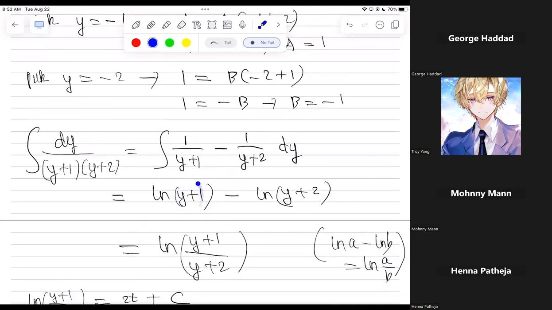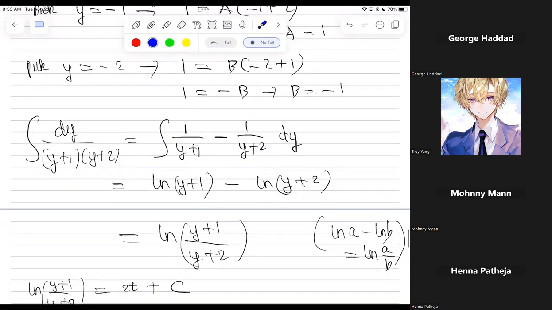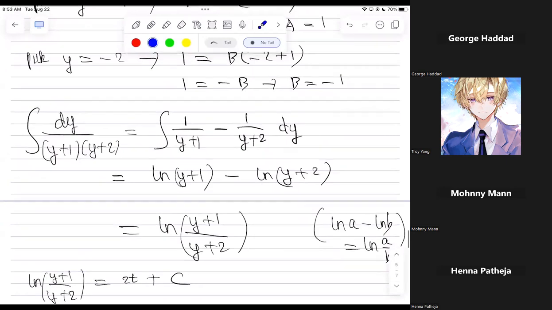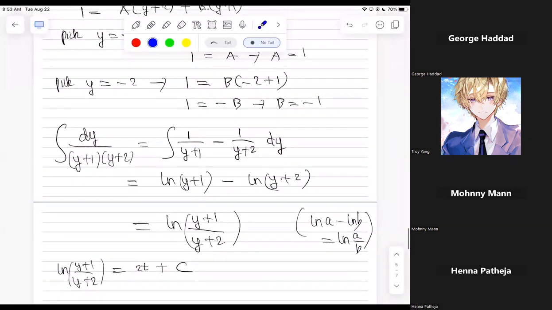Why in this case I didn't put absolute value? Anyone know? What we are doing right now is we try to solve the equation. We try to find the solution. And why don't I put absolute value here?